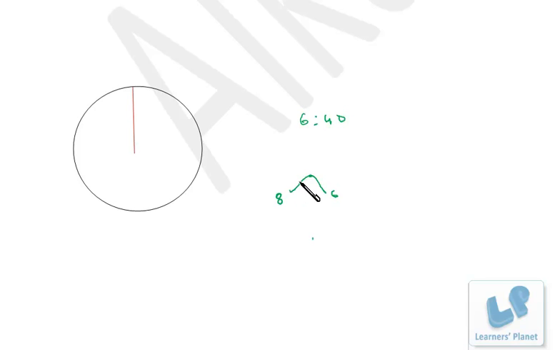Now from 6 to 7, the angle will be 30 degrees, and because of this 20-minute difference, the hour hand covers 30 degrees in 1 hour. So in 20 minutes, 1/3 of 30 degrees, since 20 minutes is 1/3 of 60 minutes. So that's 10 degrees. So at 6:40, the angle between the two hands will be 40 degrees. Okay.